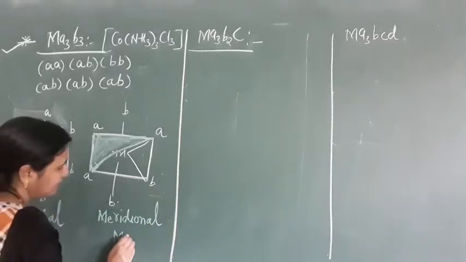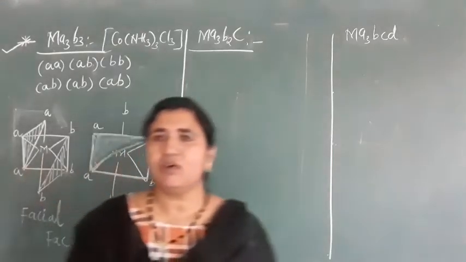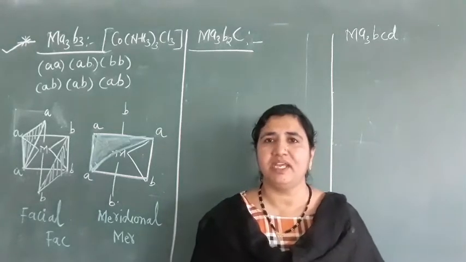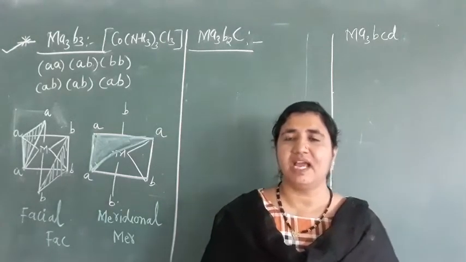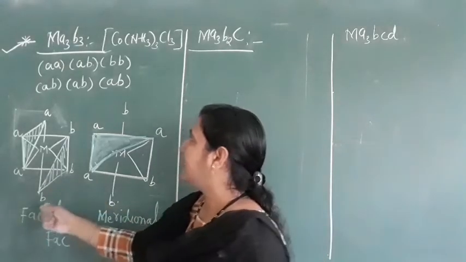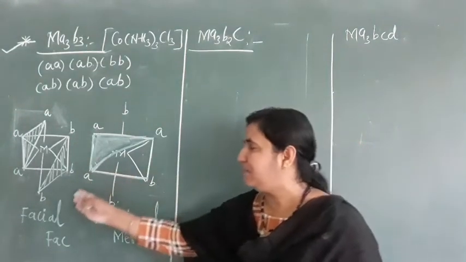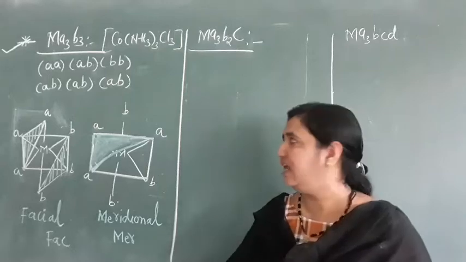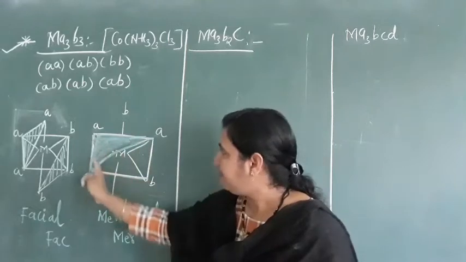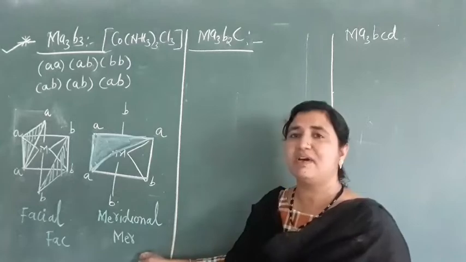In short it is called mer, and the other fac. So in Ma3B3 we have facial and meridional forms. In facial, all three A are exactly facing the three B. In meridional, all three A are in the same plane.